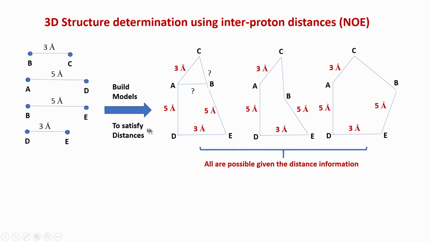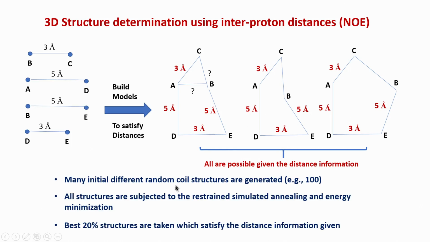So, when I am building a model to satisfy distances, and if I am missing distances, I cannot build a unique model. All these three are possible, because I do not have any distance between these two. So, I have to consider all the three as equally correct, there is no distinction between these three.